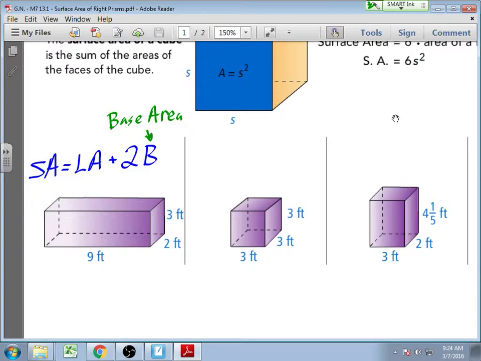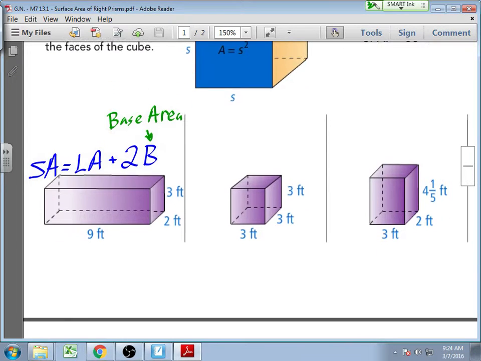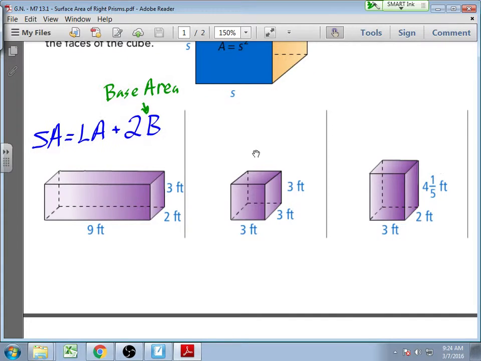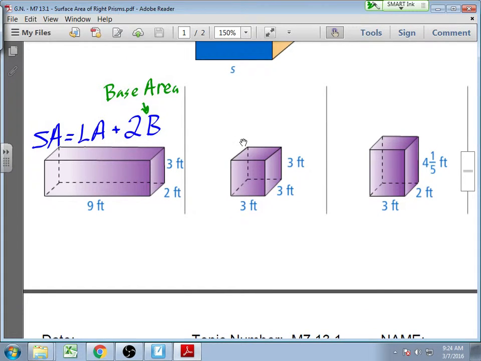So, here's the easy way to find lateral area. We're going to do lateral area as the perimeter times the height. And here's what I mean.